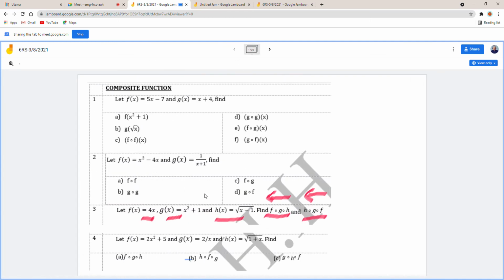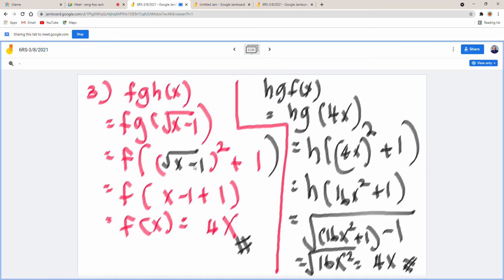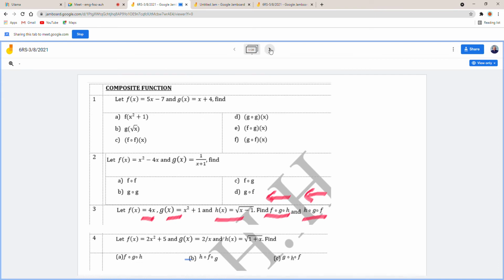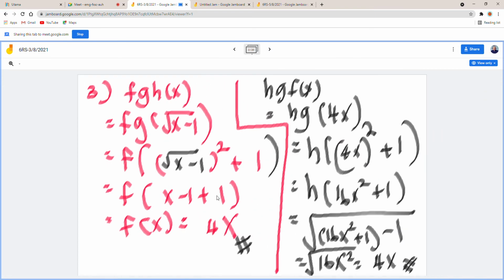Yeah, x squared plus 1. So substitute x over here, squared plus 1. And the f is just for x.